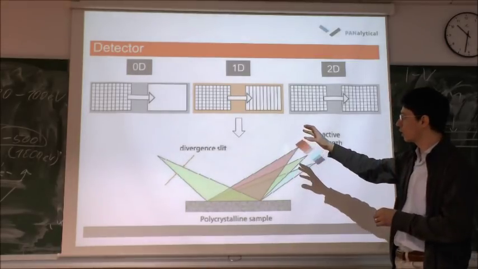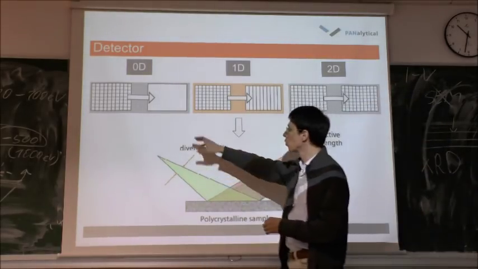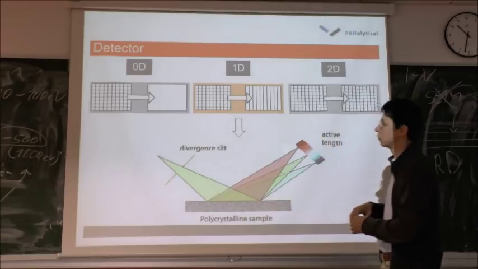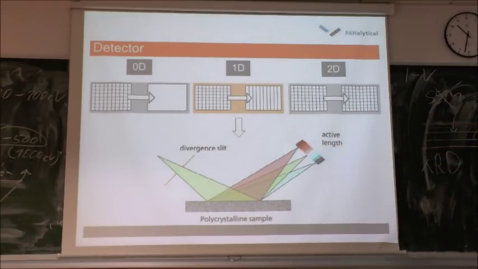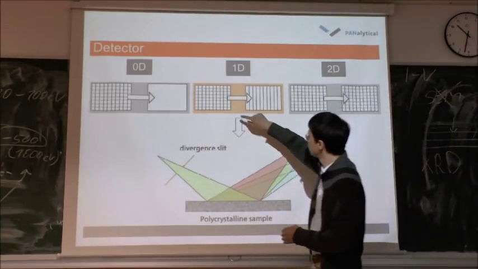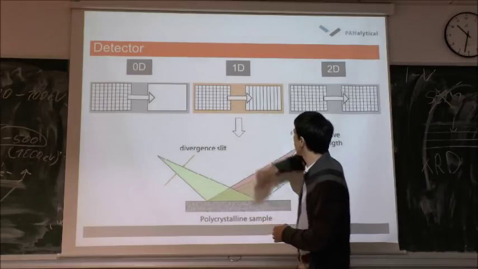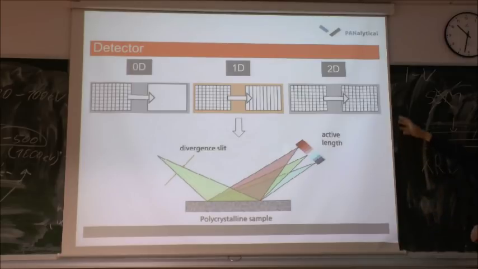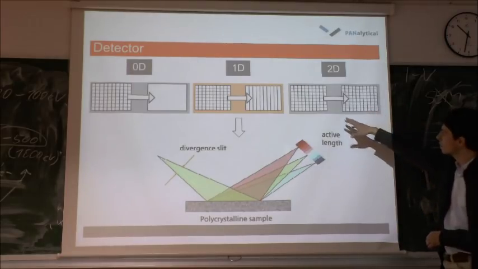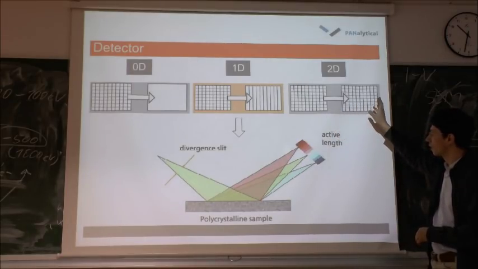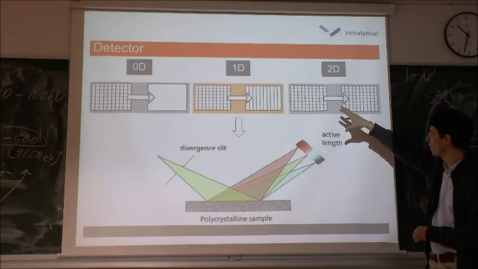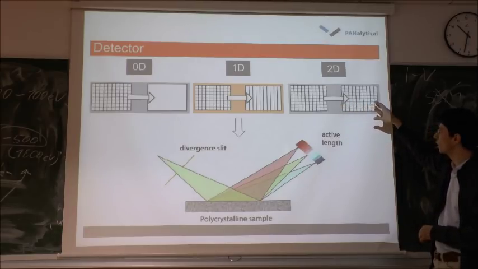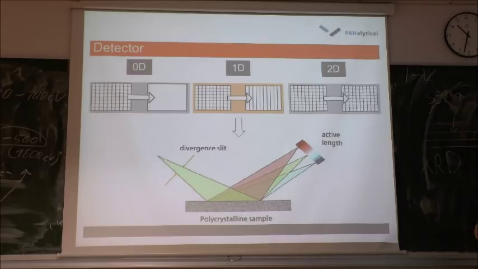You can integrate all of them, and then you work with the so-called zero-D detector, also called a point detector. You can integrate all the signal in a line, and then you get a 1D detector or a line detector. Or you can work in the same way as pixel arts are originally fabricated. So in this case, you work with the 2D or area detector.